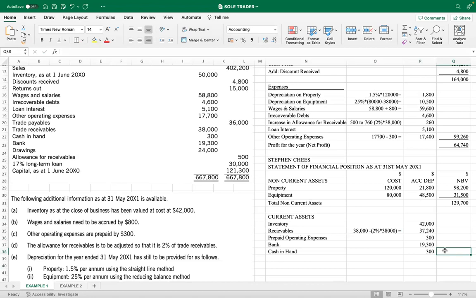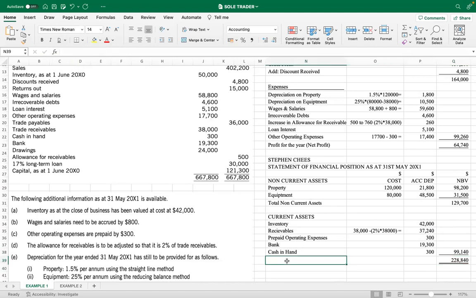So our total of the current assets is 99,140. And therefore you take the non-current assets plus our current assets. So that gives you 228,000 as our total assets.